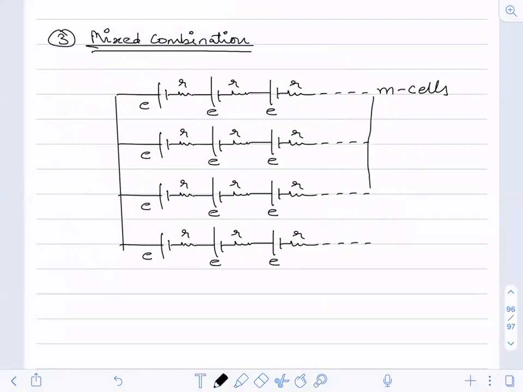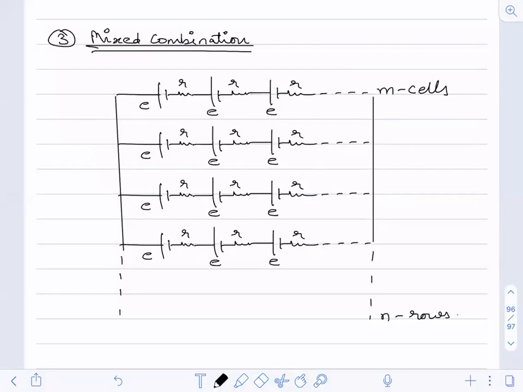Here also they will be connected like this, and like this you are having a total of n rows. So like this you will be having some combination. Do you understand the circuit now?